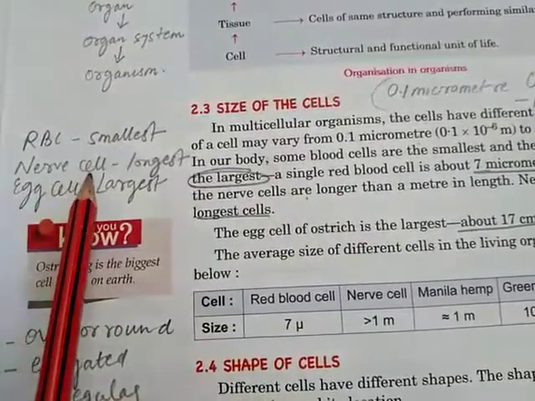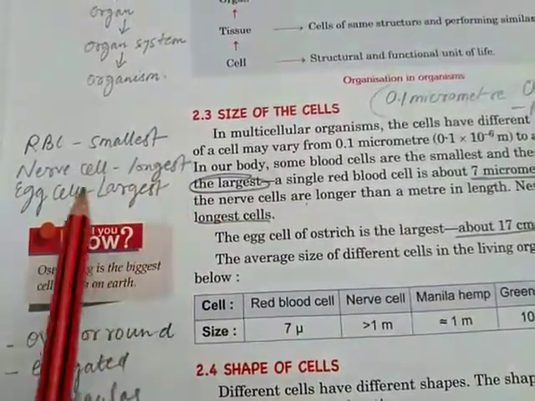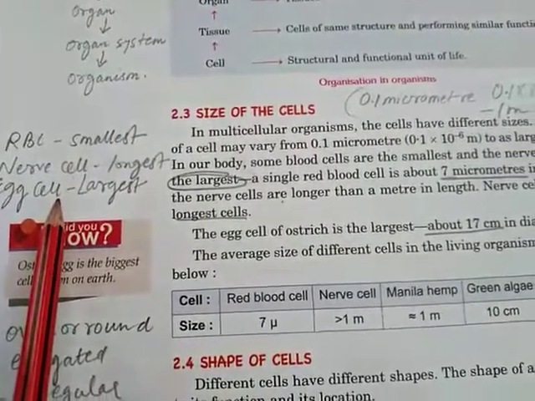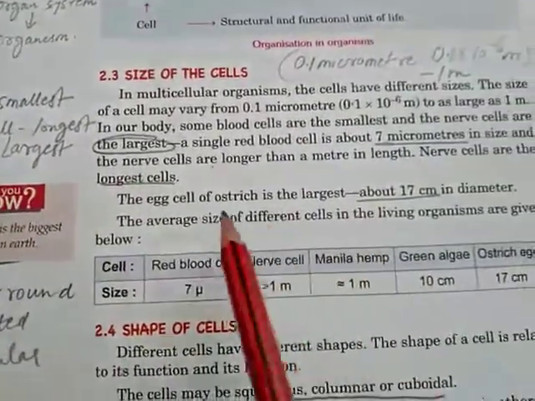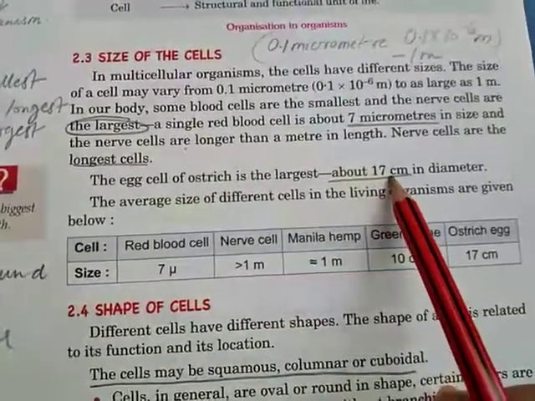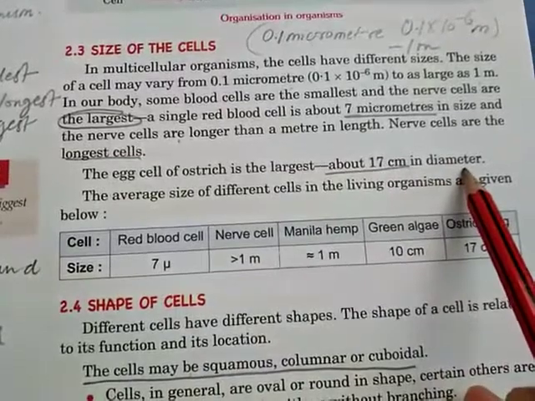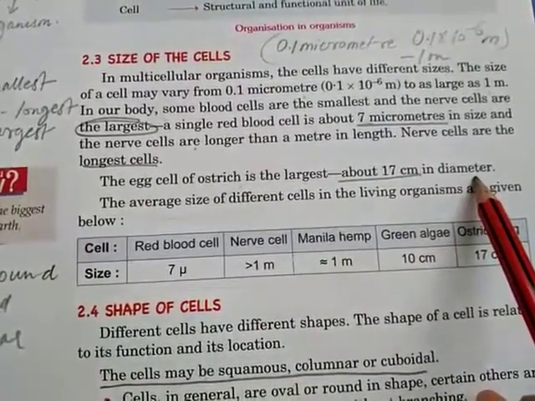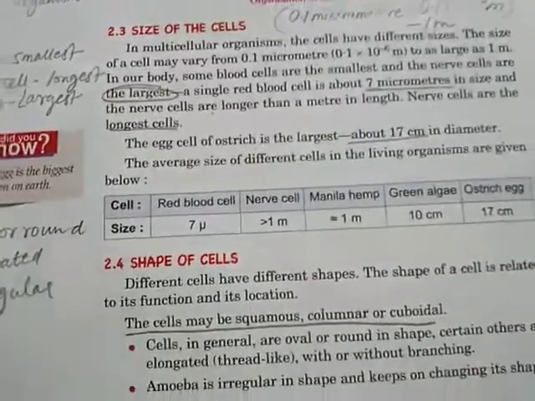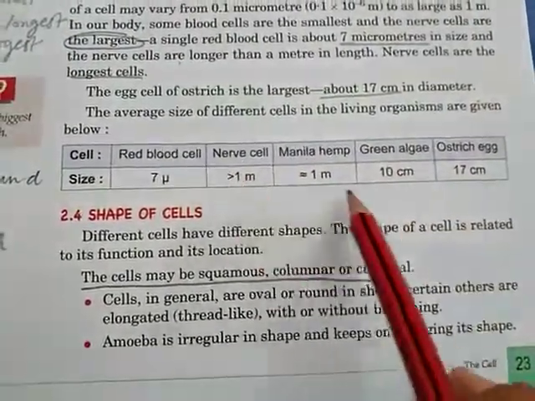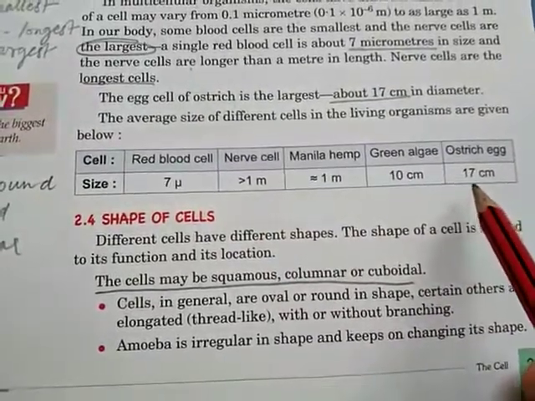Nerve cells are the longest, and the egg cell of an ostrich is the largest. It is about 17 centimeters in diameter. Now you can imagine how big that cell is. Here you can see different sizes of different cells given.